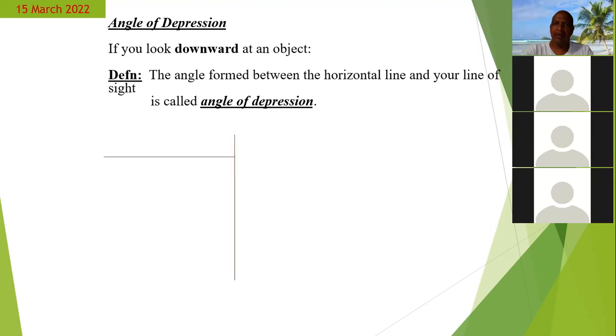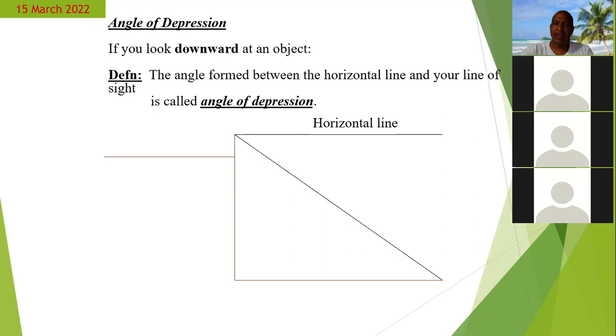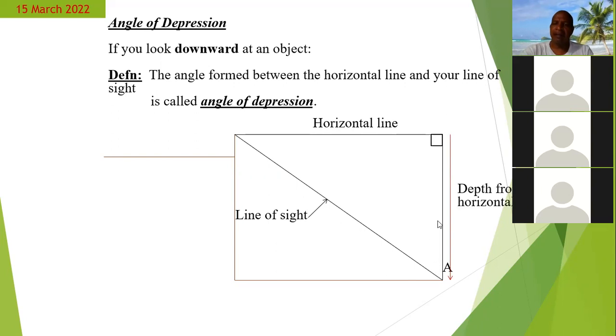All right, so our diagram would look something like this. That would be a horizontal line. That diagonal line going down would be your line of sight. From the top down to the depth there, that would be the depth below the horizontal line.